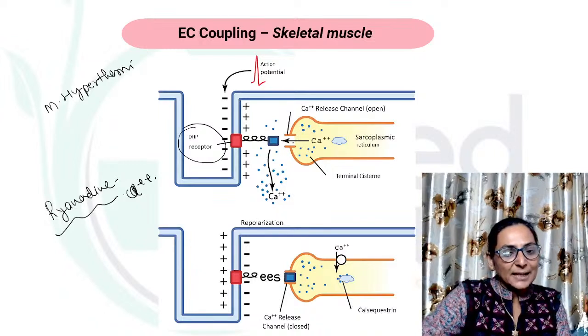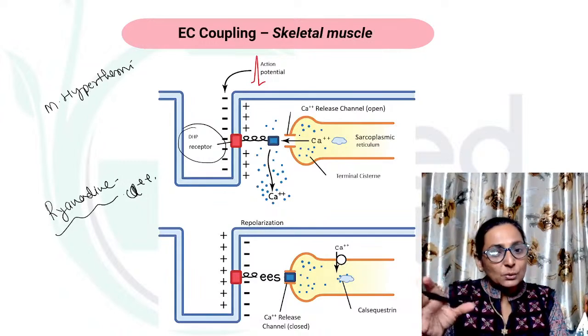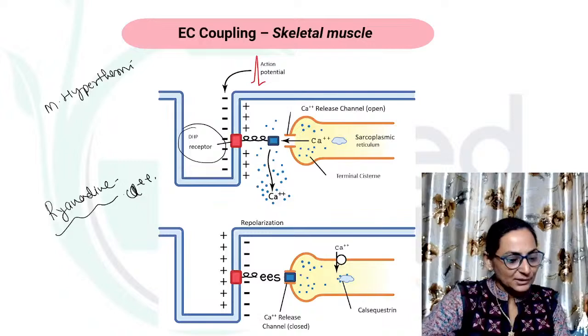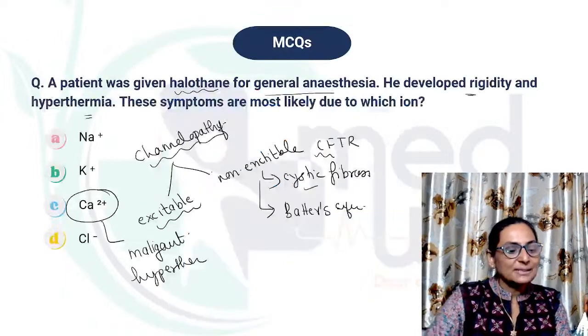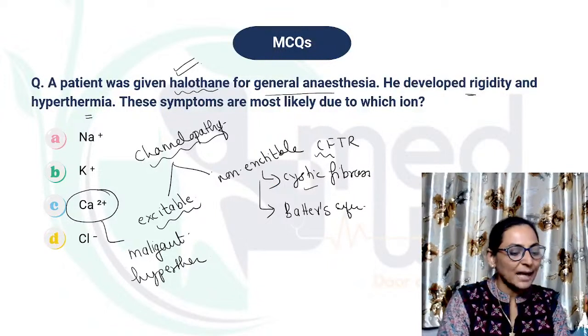And these are the calcium channels, the ryanodine channels, which are present in the L-tubules. So, wherever there is a mutation of these calcium channels, there is an excessive release of calcium and the person develops an increase in muscle contraction, because of which there is increased heat production in the muscle. It is called malignant hyperthermia. And the persons who are susceptible can develop the symptoms more severely with certain anesthetics like halothane.